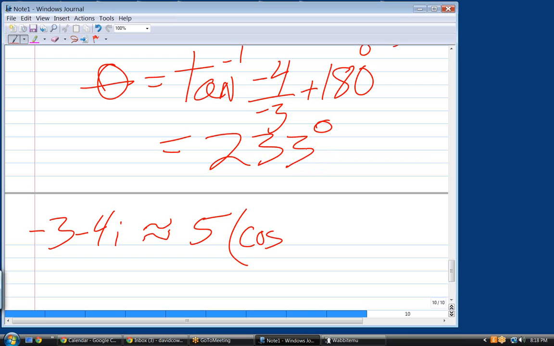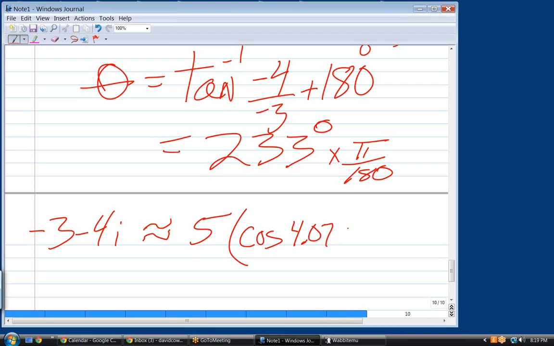How many pi is that? I multiply that by pi over 180. I get 233, 4. That's 4.06. That's what they put in their book.